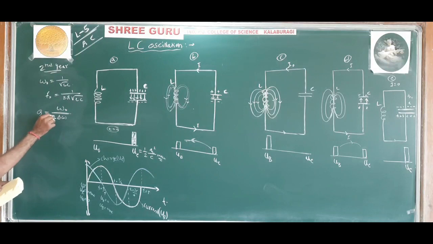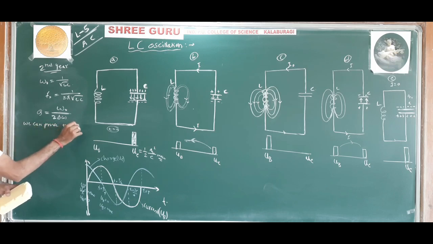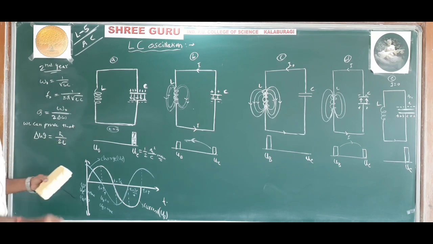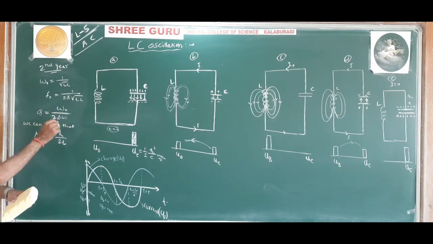Now we can prove very easily that delta W is equal to R divided by 2L. Delta W is nothing but bandwidth.